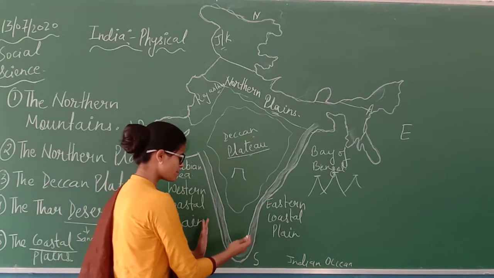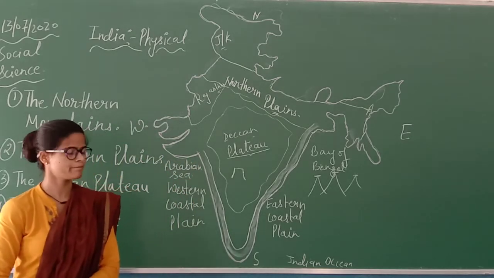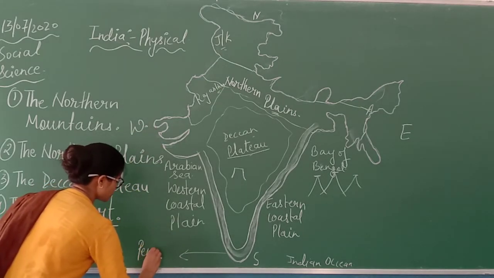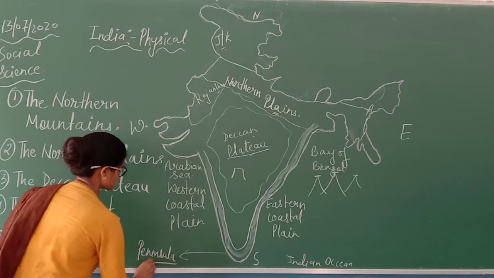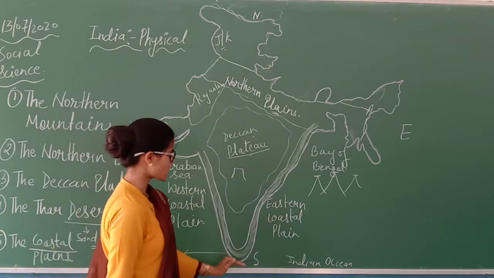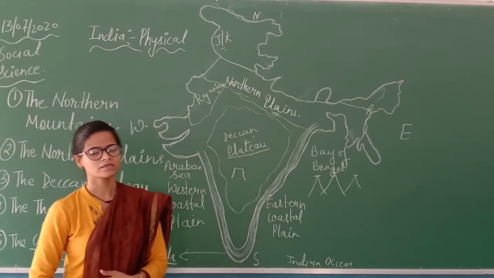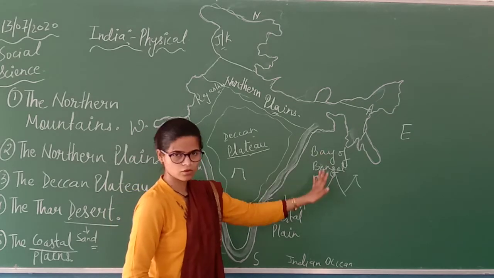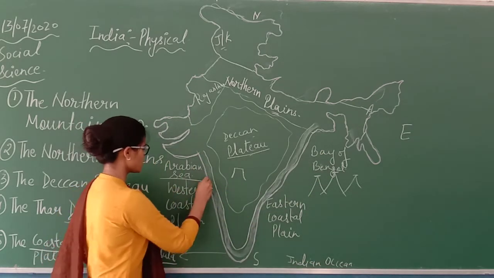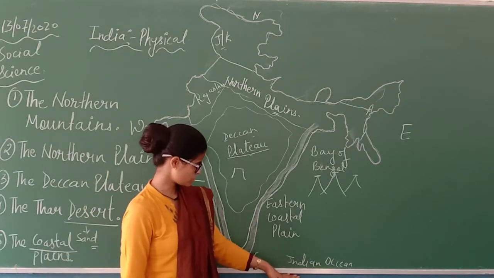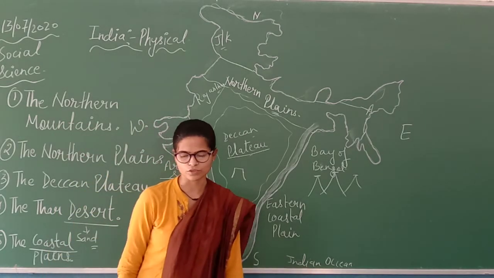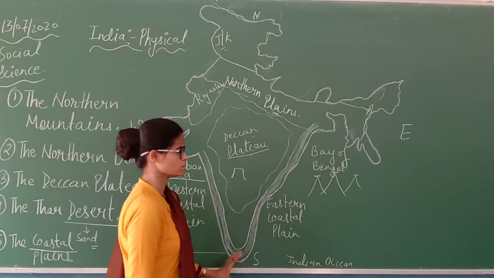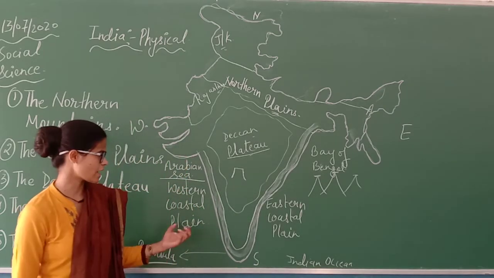Because the southern part of India is also called the peninsular part. Why? Because this part is covered by water on 3 sides. That means in the east we have the Bay of Bengal, in the west we have the Arabian Sea, and in the south, the lower part, we have the Indian Ocean. So my dear students, these are the important parts which I have told you.